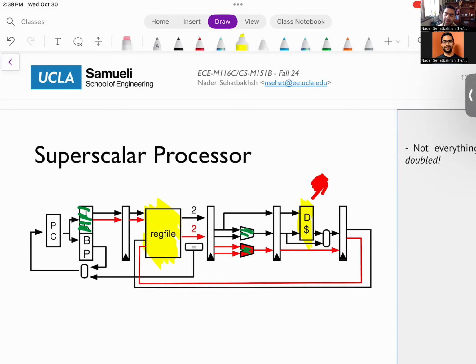And the second thing is that you want to have a coherent memory and register file. You cannot have two separate register files that don't talk to each other, because what if one instruction needs to use the value of a register that's being updated in the other register file? So there is no notion of having two register files, but of course you can add more ports to your register file, or you can add more ports to your data memory, and so on and so forth. You can do those things, but you cannot just double everything without considering these issues.